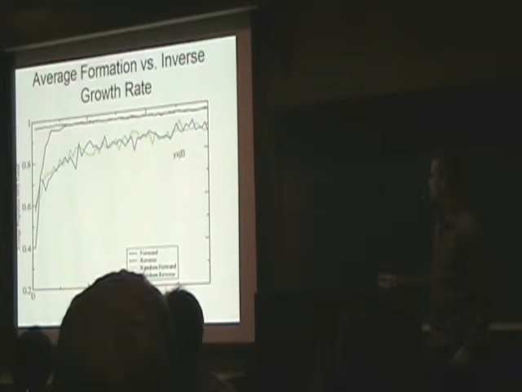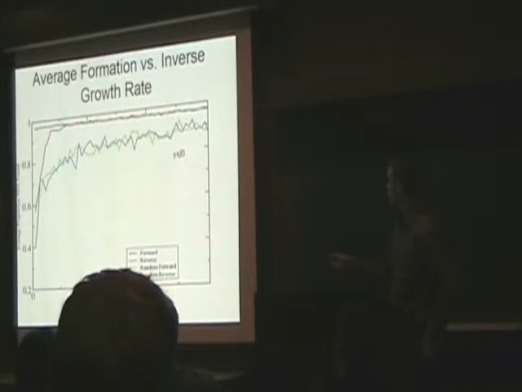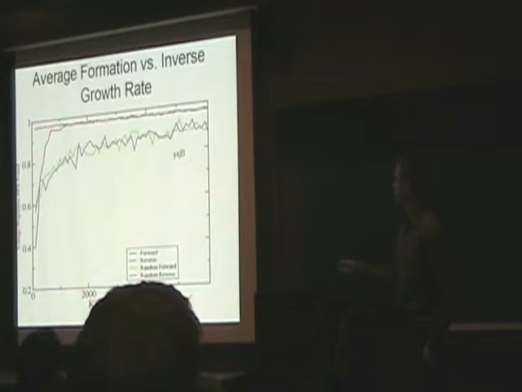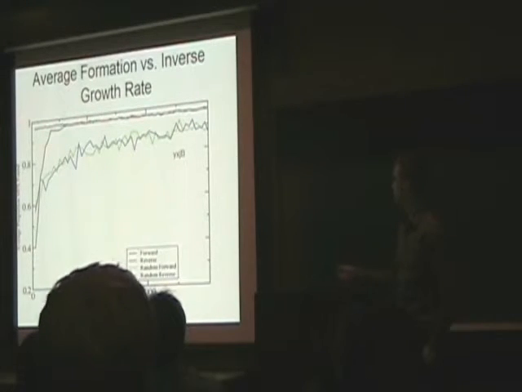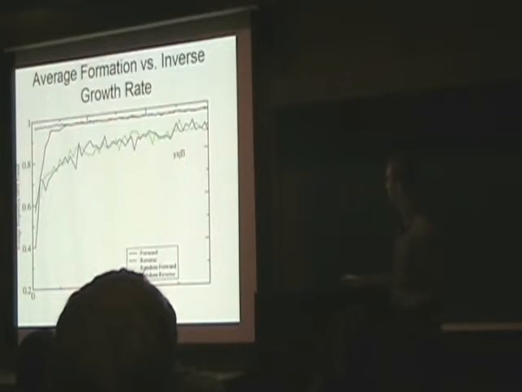And what you see here is the average proportion of the minimum free energy structure found as a function of the growth time in Kinfold, or time per nucleotide transcribed. So the black line is the actual forward transcription from 5' to 3' of the biological hairpin.